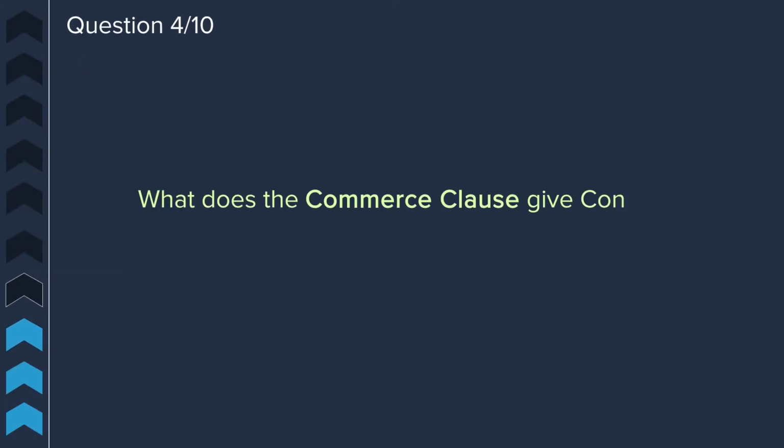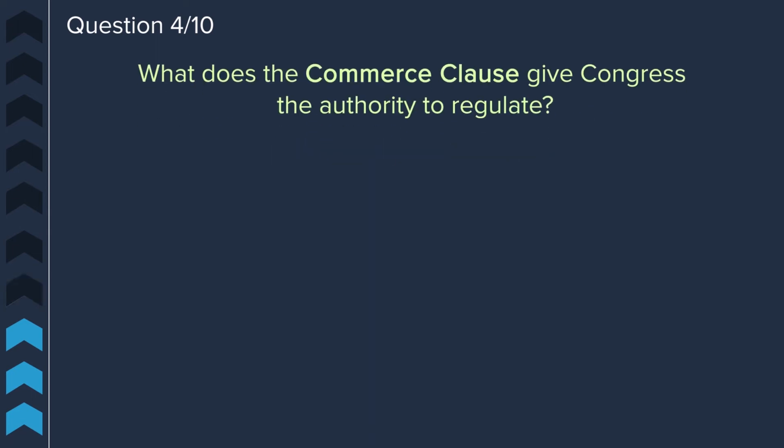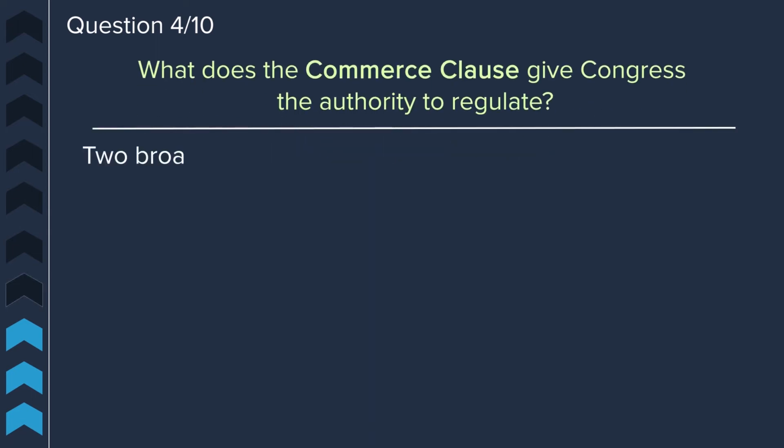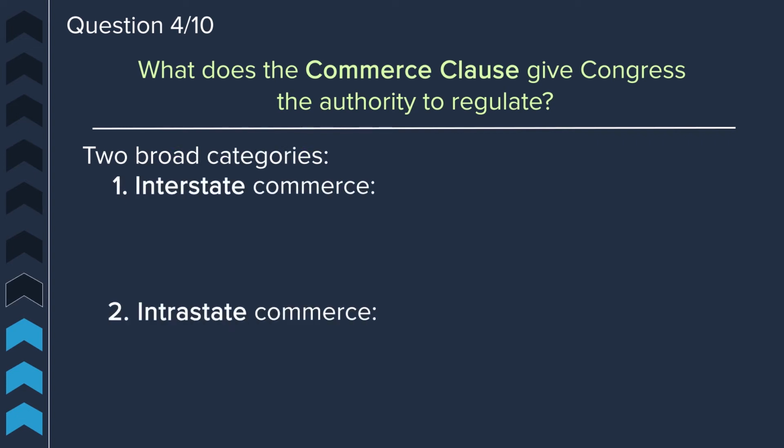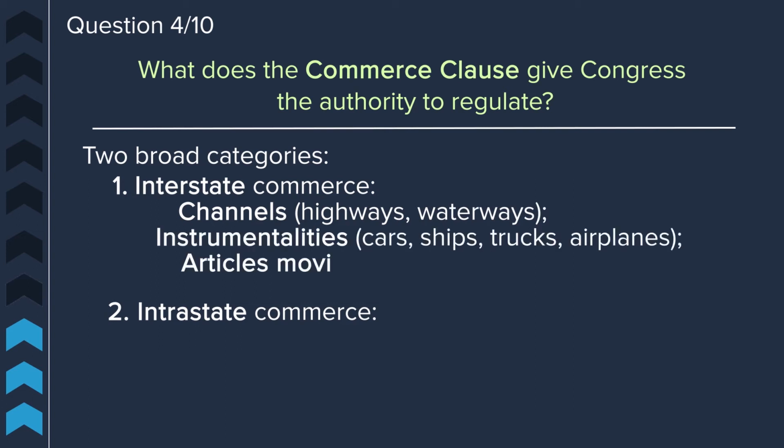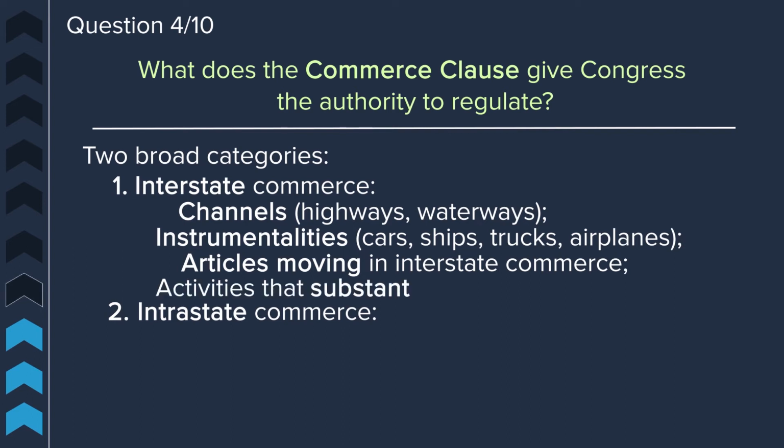Question 4. What does the Commerce Clause give Congress the authority to regulate? The Commerce Clause gives Congress the authority to regulate two broad categories: interstate commerce and intrastate commerce. For interstate commerce, it allows Congress to regulate channels, instrumentalities, articles moving in interstate commerce, and any activities that substantially affect interstate commerce.